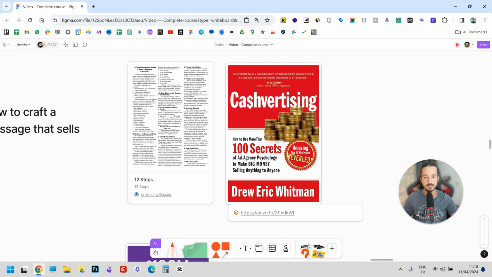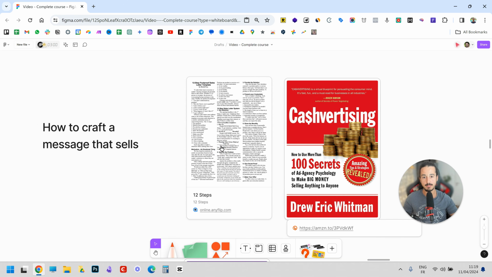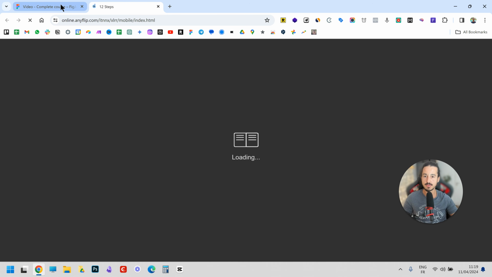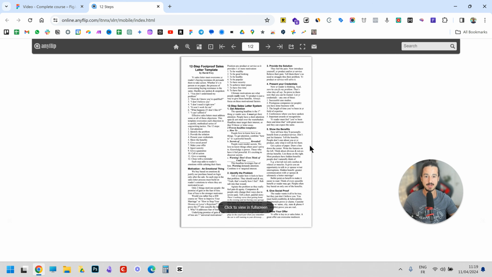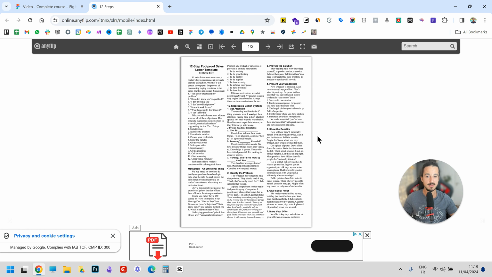So before everything else, I really suggest you have some knowledge about what makes people buy, what makes people click, what interests people. And that's a smaller resource, which is one of the first I came across in my marketing journey.